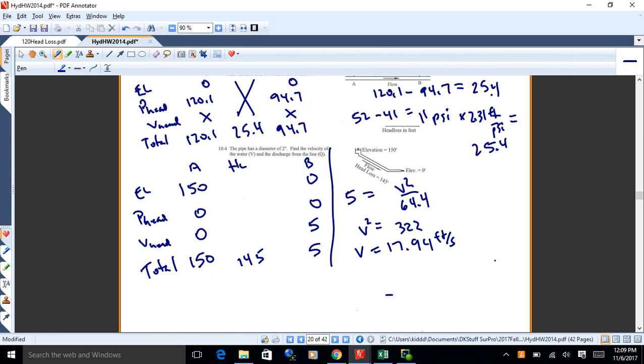So that's how that goes. And then if you want to find the flow rate, you take the velocity times the area, and that'll come out to be 0.391 cubic feet per second, which is also 126 gallons per minute if you want to figure that out too.